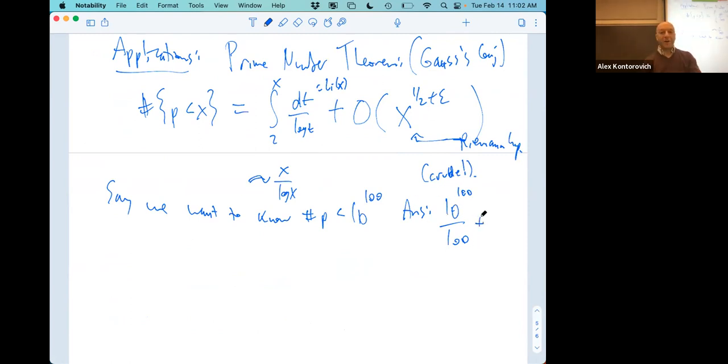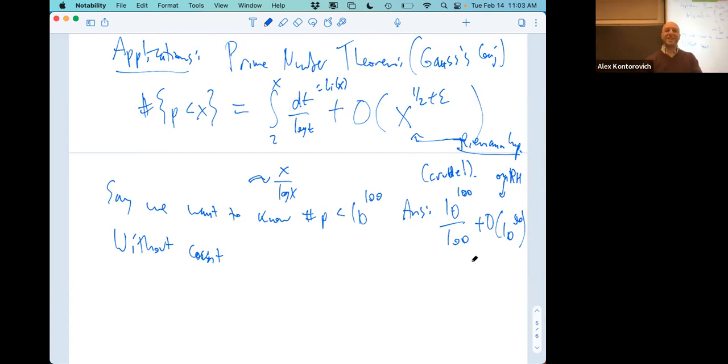Assuming the Riemann hypothesis, what's the error? On RH, with an error of size square root of 10 to the 100, which is 10 to the 50. In other words, the last 50 digits are gobbledygook, but the first 50 are right. So we would know without counting that we know half of the digits accurately.